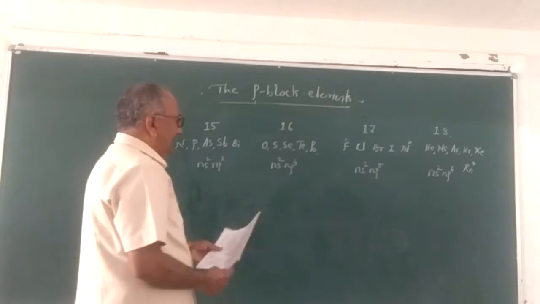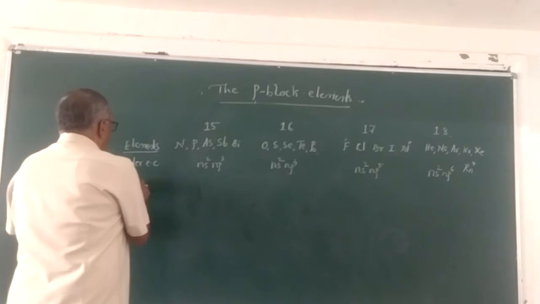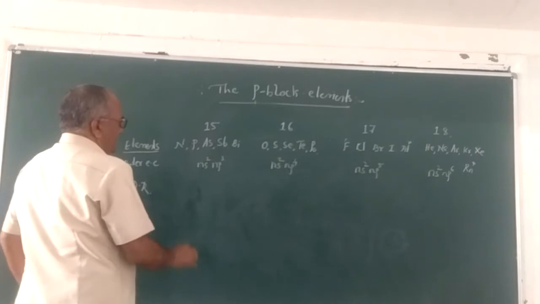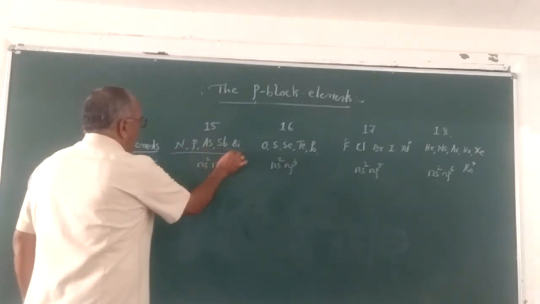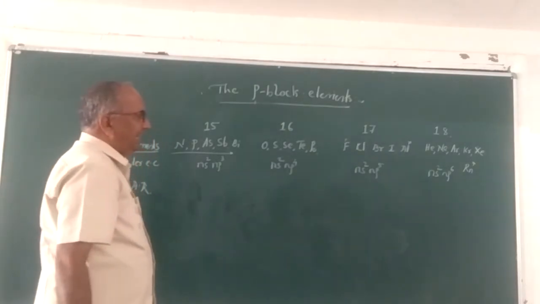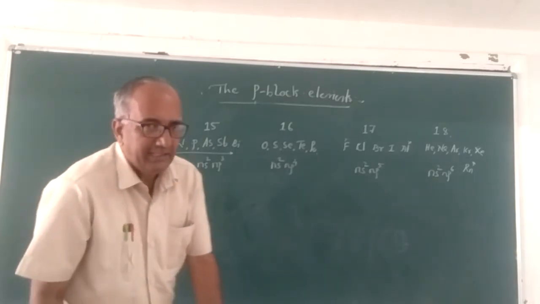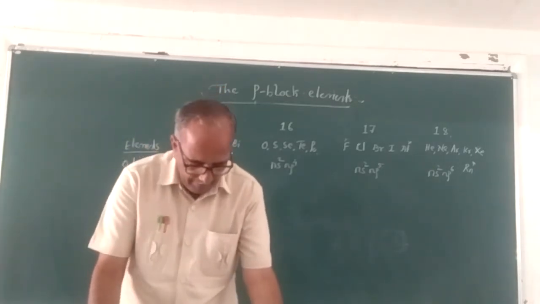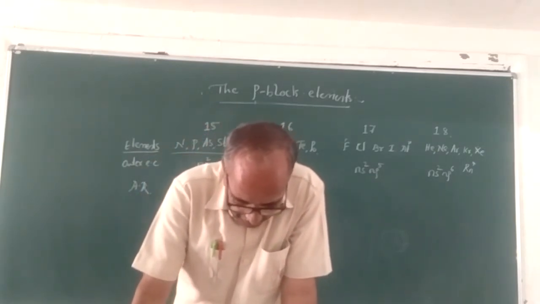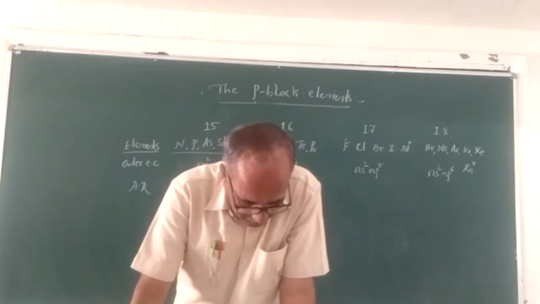Now this is the outer electronic configuration. Then the atomic radii: along every group, the atomic radii increase because the number of shells increases. Atomic radii increase down the group due to the increase in the number of shells.